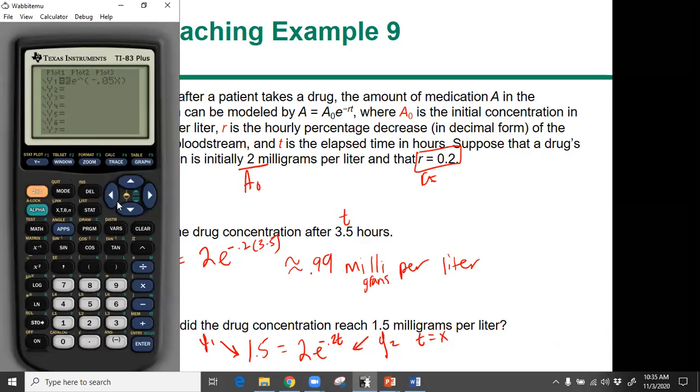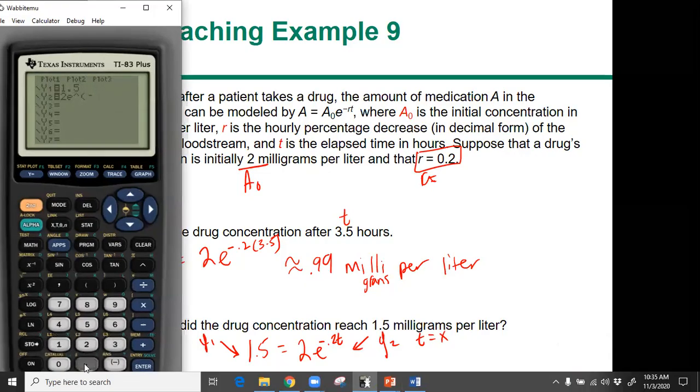So I'm going to go to y equals. I'm going to type in 1.5 for y1. Then I'm going to type in 2 second natural log e to the negative 0.2, and instead of t, I'm going to use x.